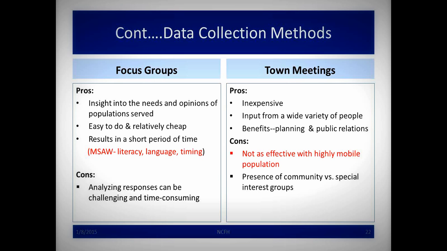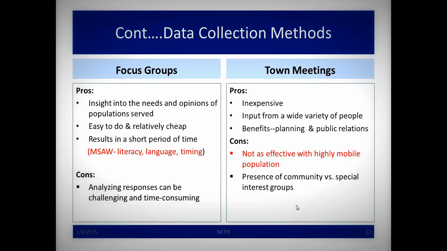You may have another one in Tagalog, or perhaps Mixteco or Zapoteco. So you can more easily tailor the questions to a small group. The downside is that analyzing the responses can be challenging and time-consuming.